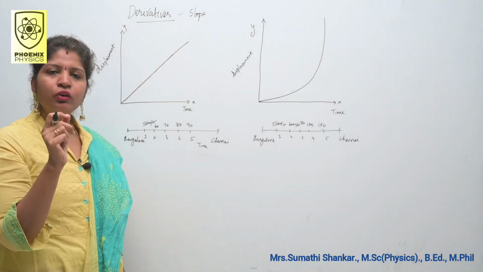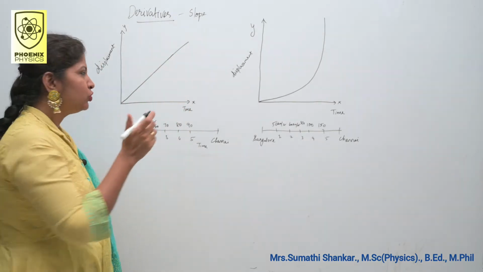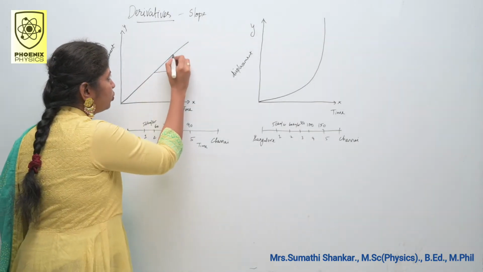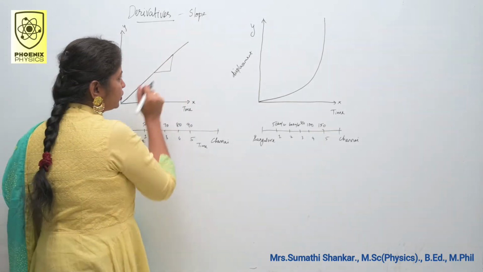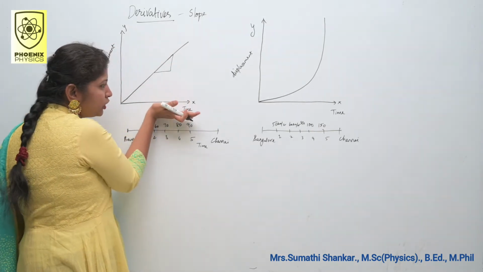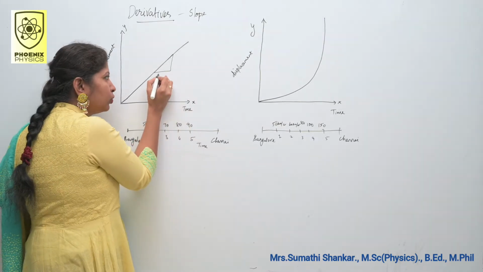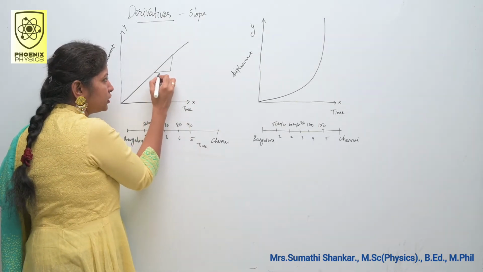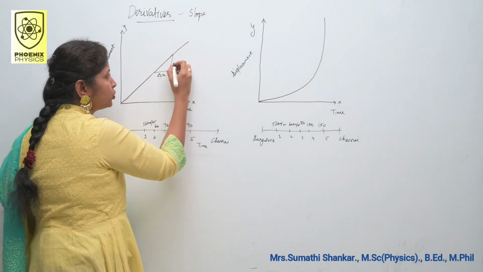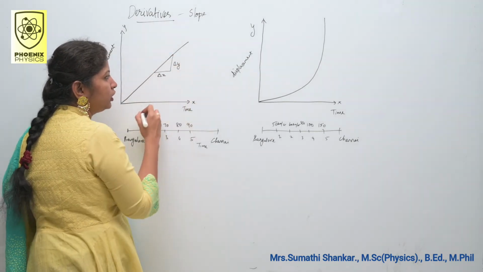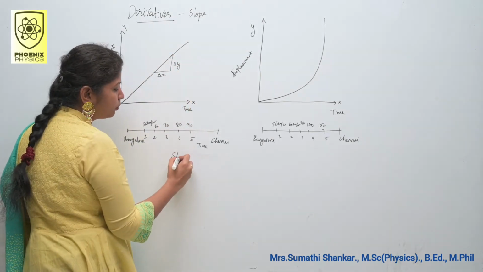How do you find out my speed? You just draw one slope between any 2 points. Okay. This is our slope. This one is x, so the small portion is delta x. This one is y. The small portion is delta y. Then how do you mark slope?